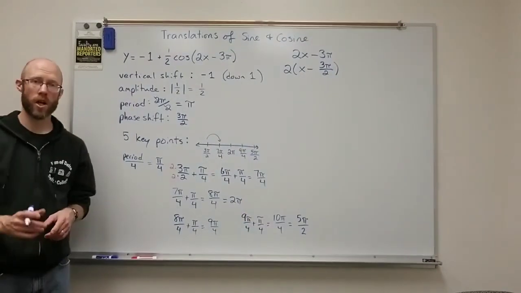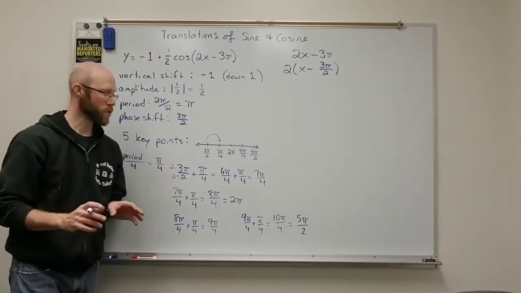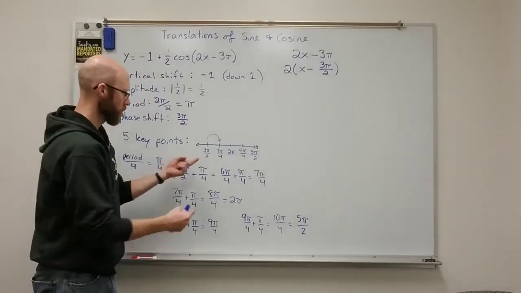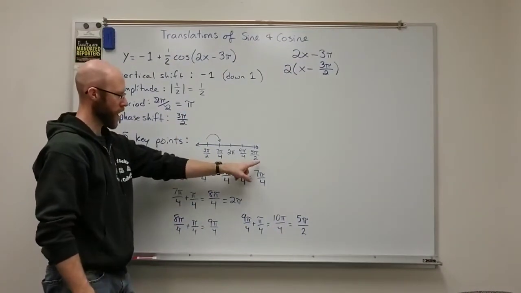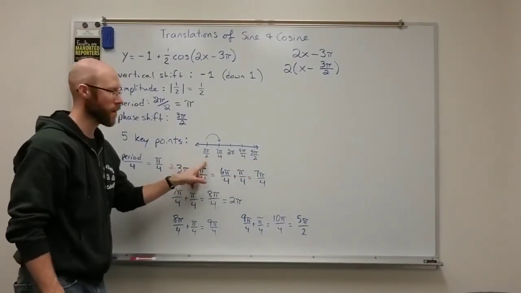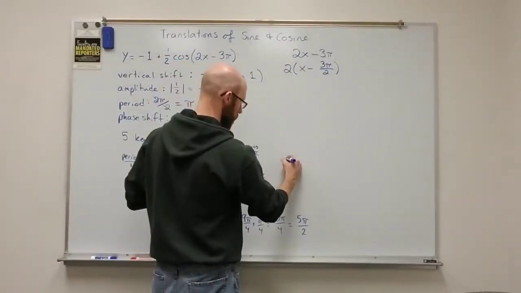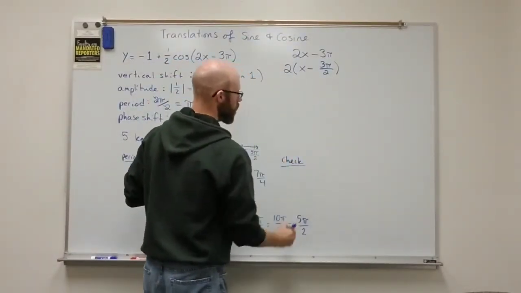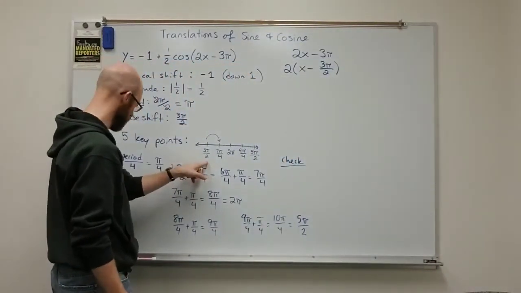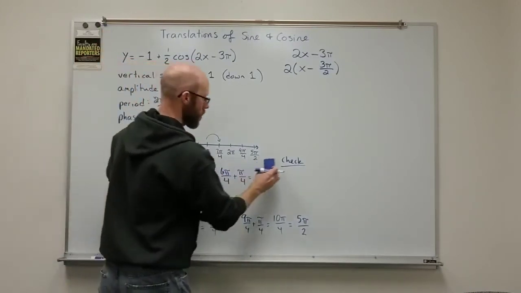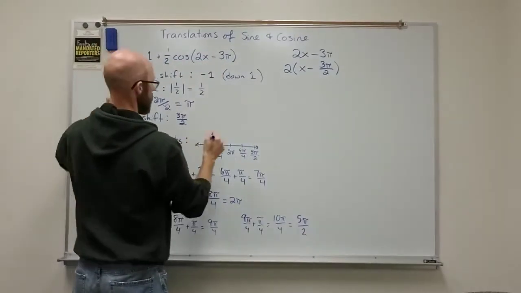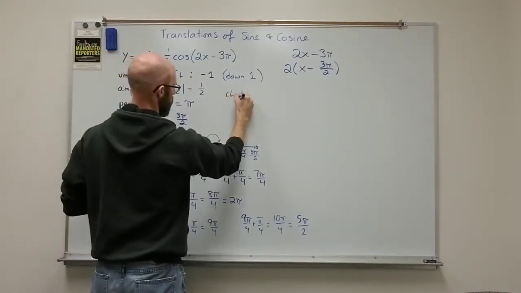We can always double check, and I always like to do this just to make sure I didn't make a mistake. I know the total period should be pi. So if I subtract the right end from the left end, I should get pi. I'm going to save that spot for my graph, so let's check it up here.